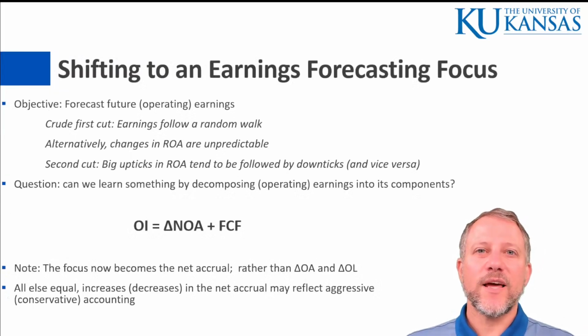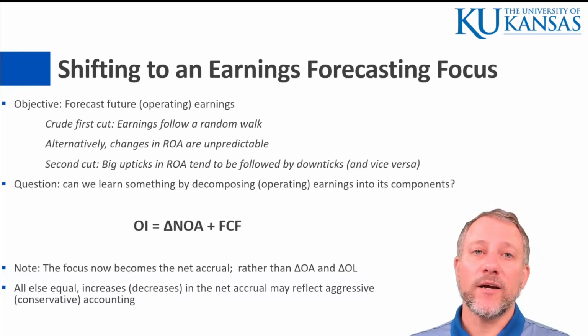In order to understand the implications of accruals and free cash flows on the bottom line, we have to shift our thinking from a growth forecasting perspective to a profitability or earnings forecasting perspective. And specifically, we're going to be forecasting operating income, OI.